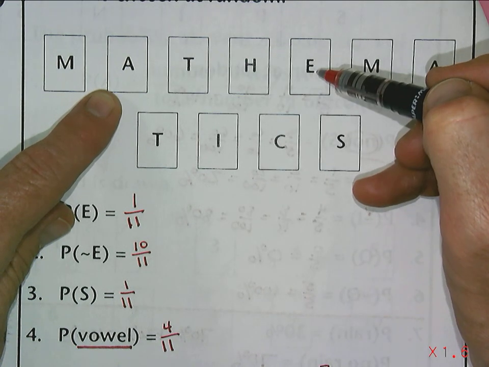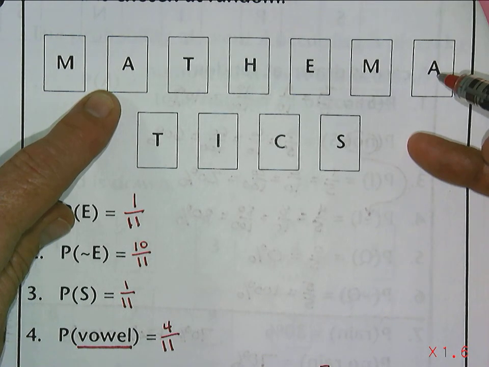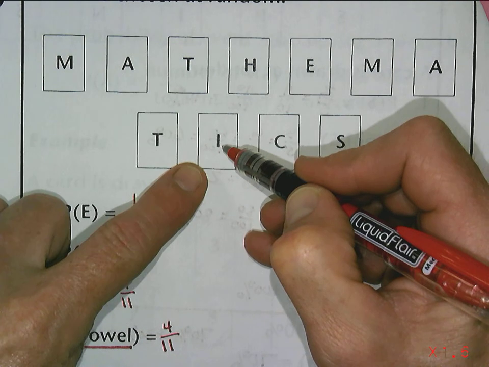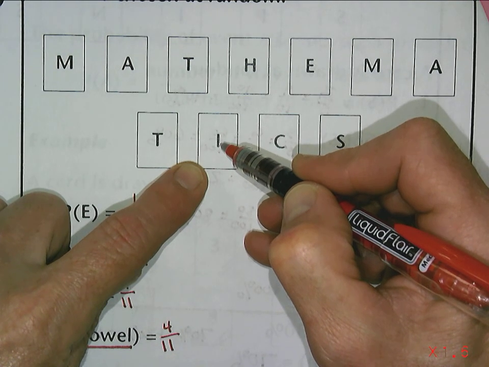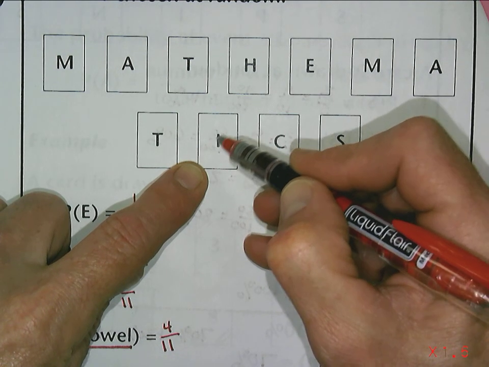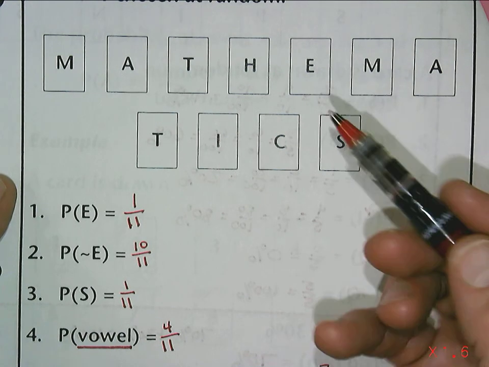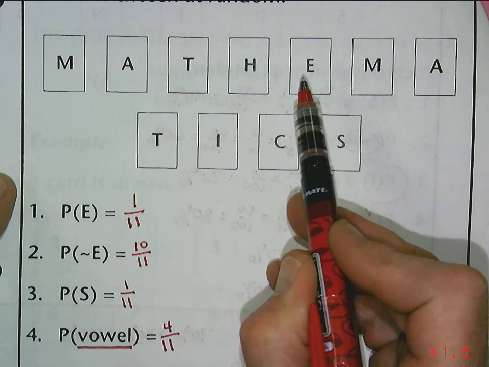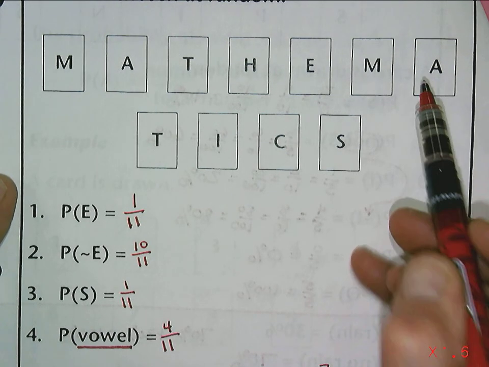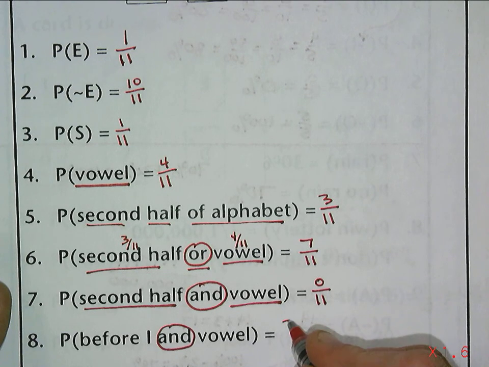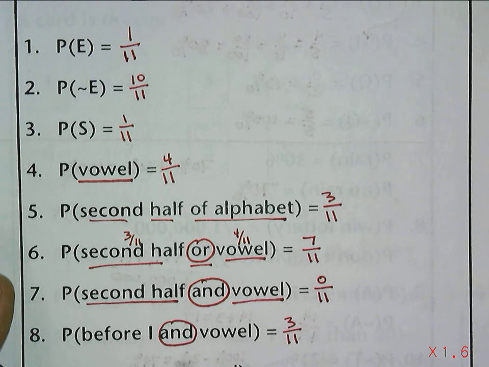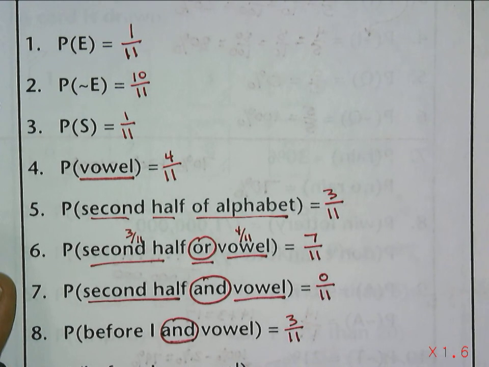The A is before I and a vowel. And we're not going to include this I because it says before I and a vowel. So this one doesn't count because it's not before itself. So we have 1, 2, 3 out of 11 that are before I and a vowel.